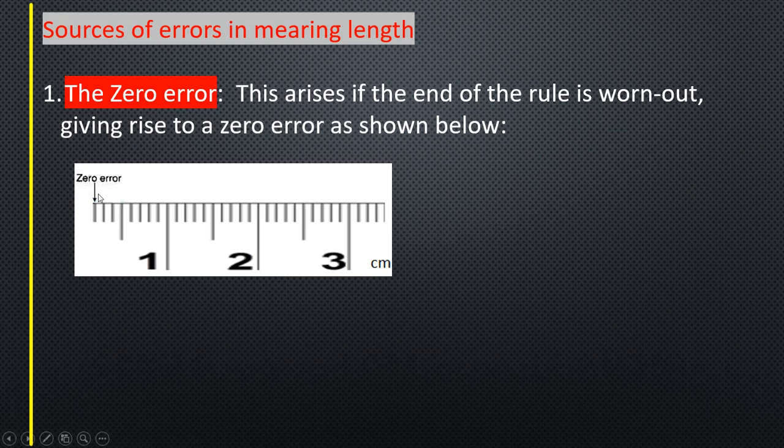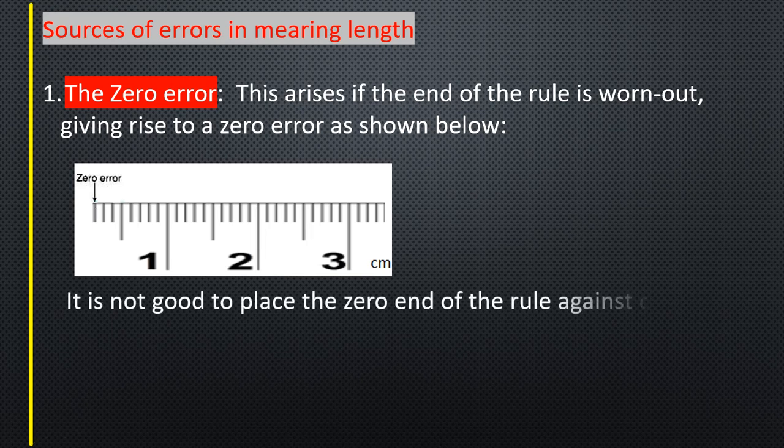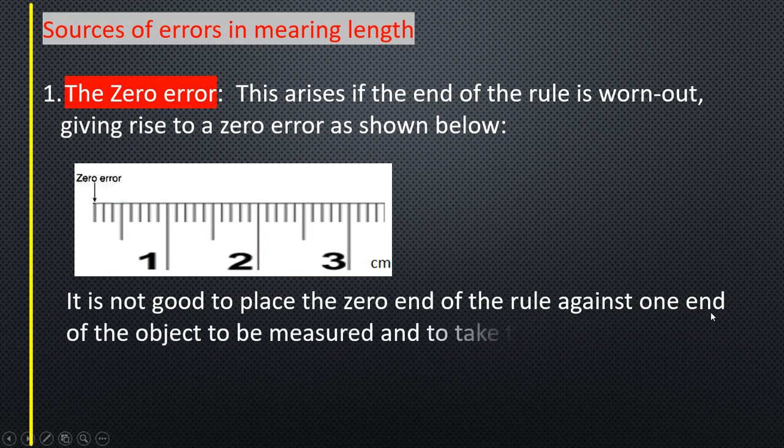So always first check the instrument that you are using to make sure that there is no zero error. So how do we correct the zero error, even if you have an instrument which does not start at 0? It is not good to place the zero end of the rule against one end of the object to be measured and to take the reading at the other end.